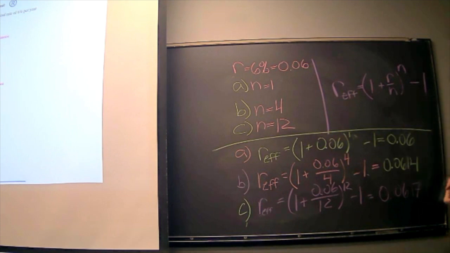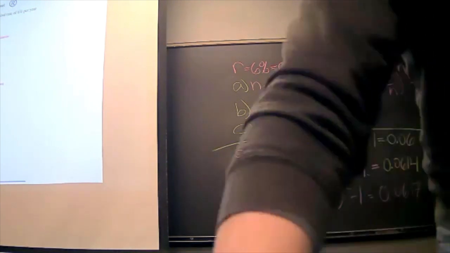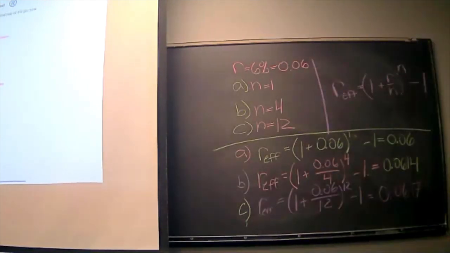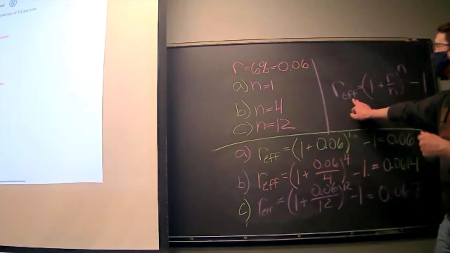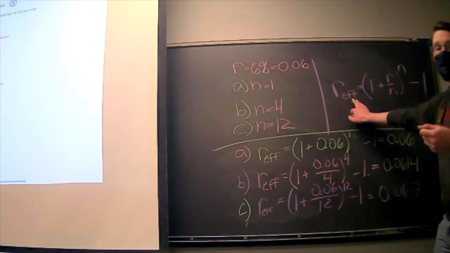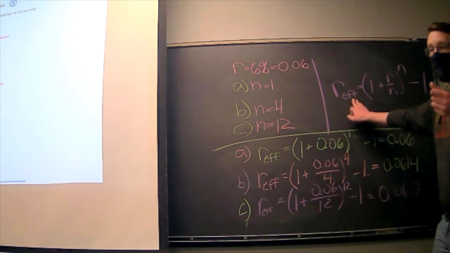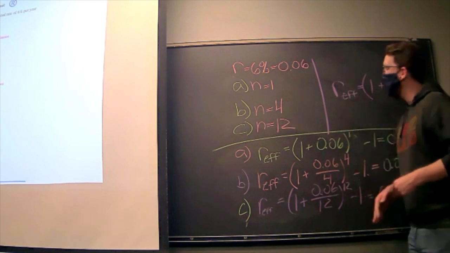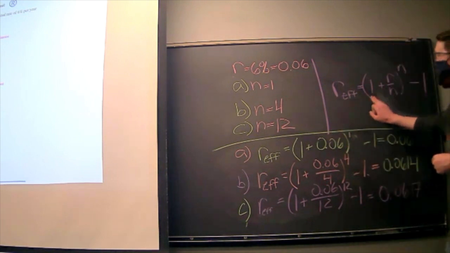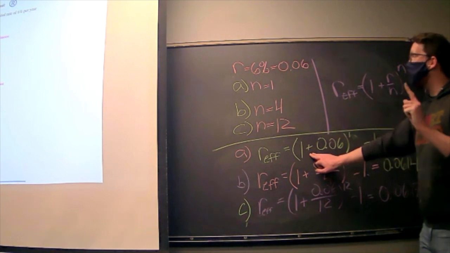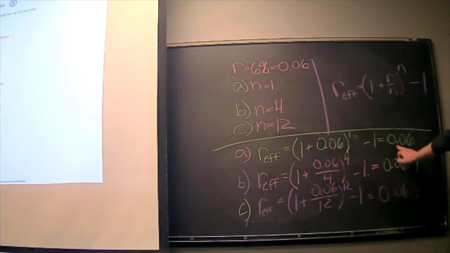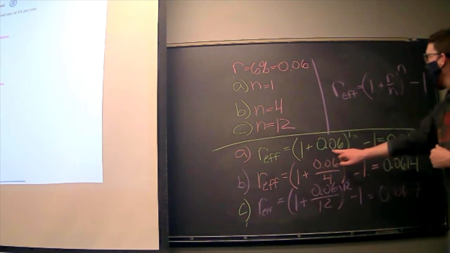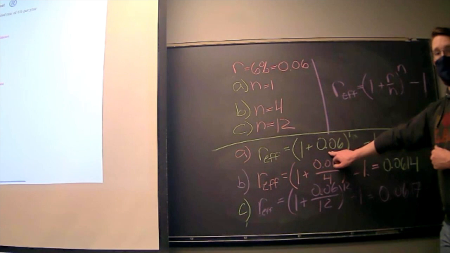I'm assuming that makes sense. All right, so moving on then. Well, actually, before I move on, I want to point out something else. Given that this is measuring what you can expect year to year as an interest rate, so the increase from this year to next year, then it makes sense that if you're compounding once a year, so annually, that the effective rate is going to be the same as the compounding rate.